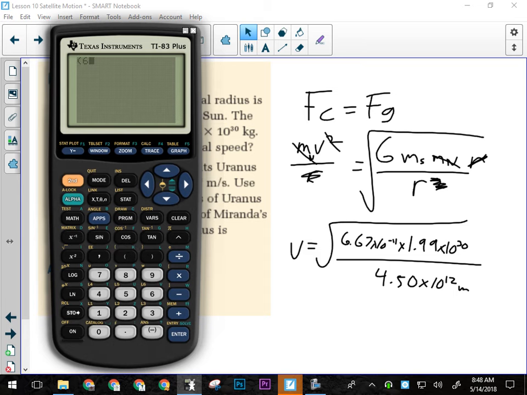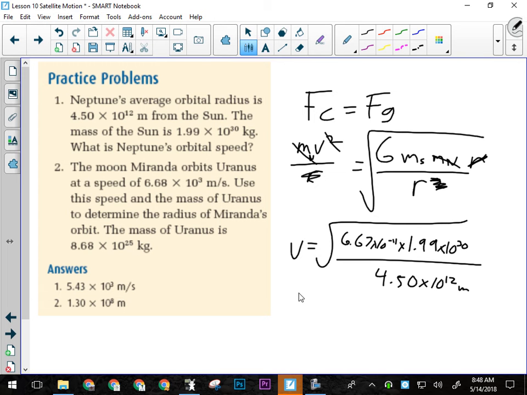So 6.67... All right, so we're looking at 5.43 times 10 to the 3 meters per second.